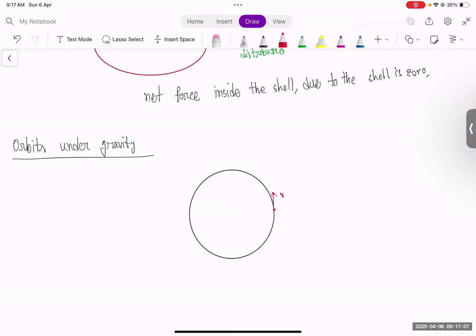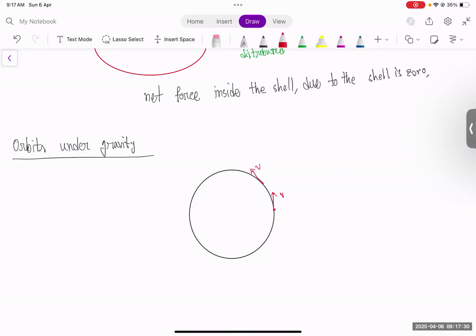So it's moving at speed v. Speed is constant, but its velocity direction is consistently changing. That means it must have an acceleration, because acceleration is the velocity change rate. Even though speed is not changing, direction is changing, which in turn makes the velocity change.